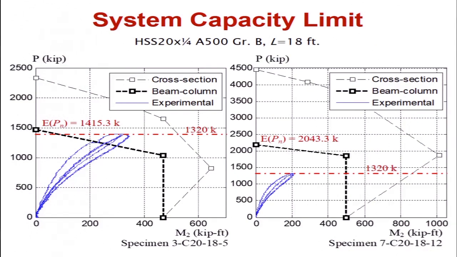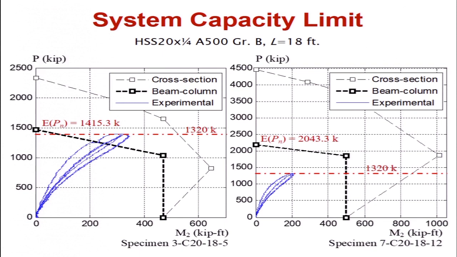And let me explain this diagram just a little bit. This is again an axial load moment diagram. Shown by the dashed gray line here is the cross-section strength. Shown in the dashed black line is the interaction equation that we have proposed for design in AISC.